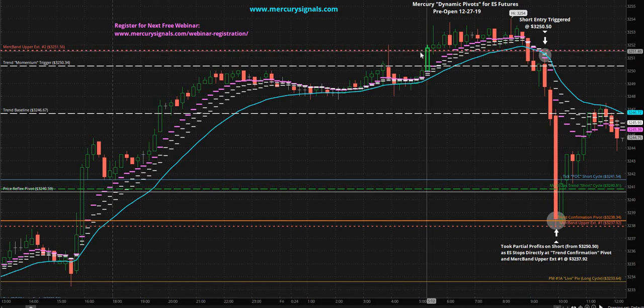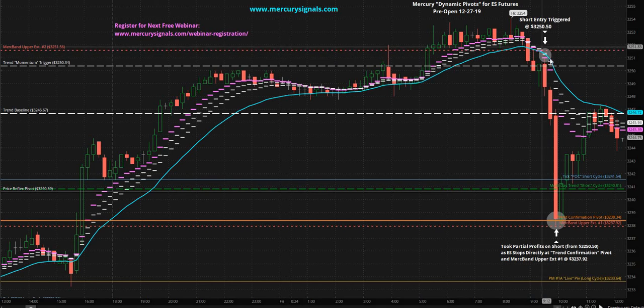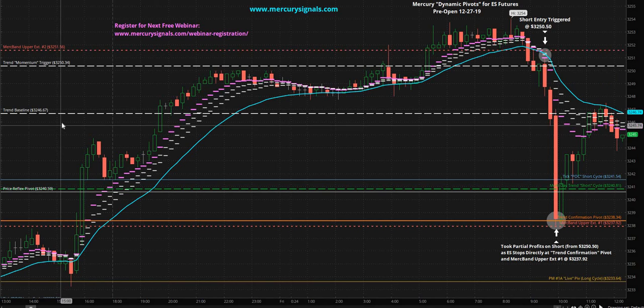It's visual, and for our subscribers, they get this live chart right on the screen. We run a live chart on Zoom. We give you a new access code every day, and so you could see this thing setting up even before the market opened. But once it did, right on the opening bar, you got this sell signal inside the little shaded oval. So immediately it breaks through the trend baseline, and it comes down here.